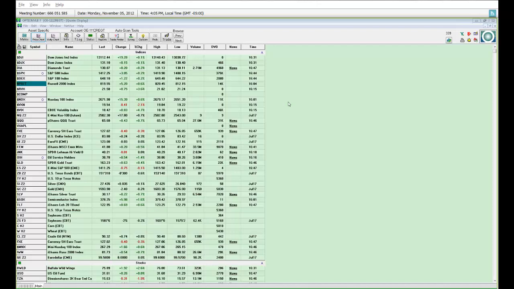But what you don't want to do is, let's say you have an account with Ameritrade, and you say, I want to buy 10 shares of Apple. What if the guy says, I'll sell you 10 shares of Apple at X, and you look on your screen and it's trading at Y?